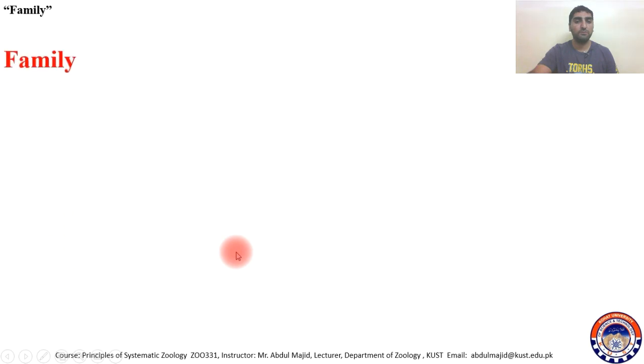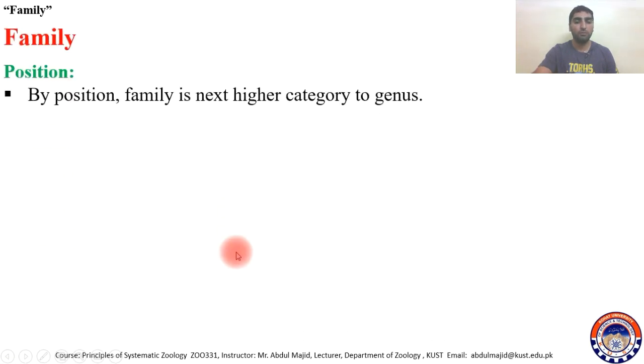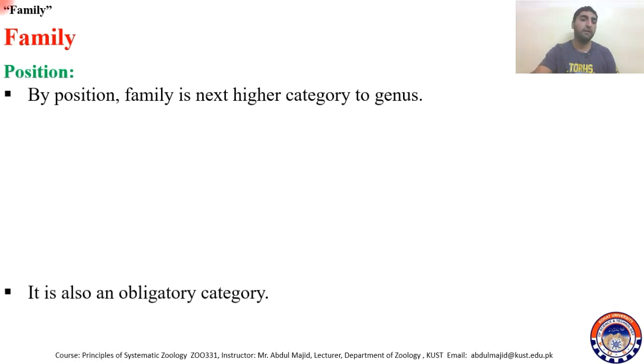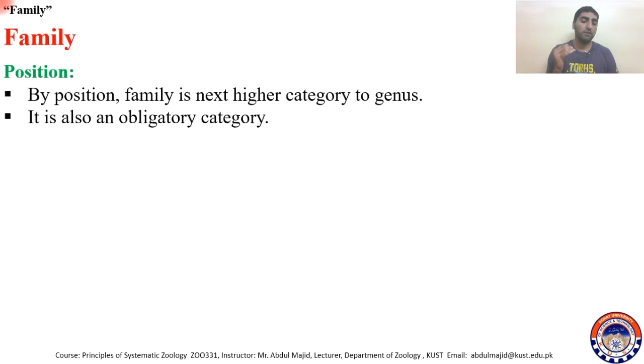So first, the position of the family. By position, family is the next higher category, and keep in mind this is macro taxonomy. Second, we are now talking about the higher categories. It is the next higher category to the genus, and genus is the lowest of the higher categories.